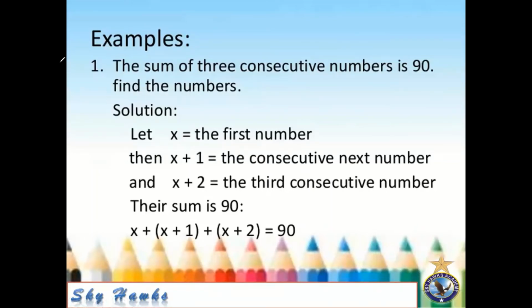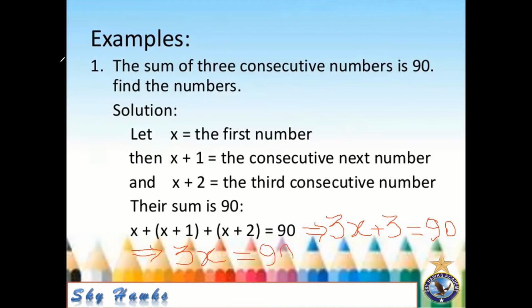Now from here onward, what you have to write is this equation: 3x plus 3 is equal to 90. Are you getting this? So the next step: this implies that 3x will remain on the left hand side, and here 90, and this 3 will go to the other side.